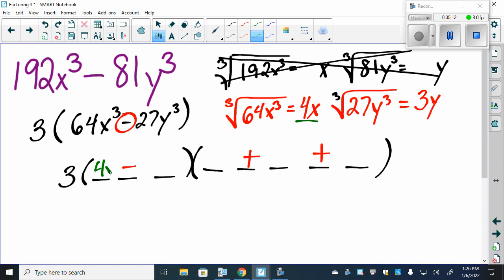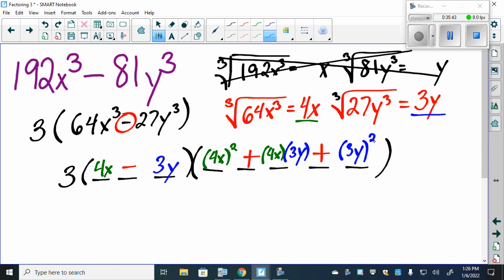So we'll have 4x squared, 4x, and then 4x to the 0. And for our next set of terms, we're going to have our 3y. So in here we would have 3y to the 0. In the middle, we'll have 3y to the first. And the last one, we'll have 3y squared.